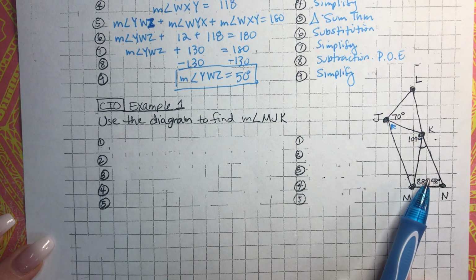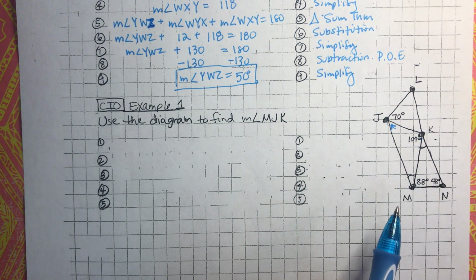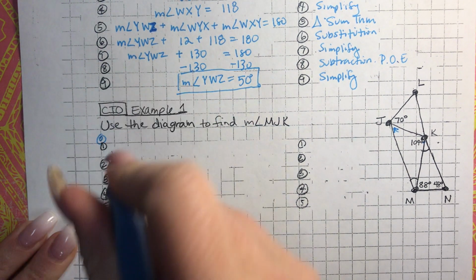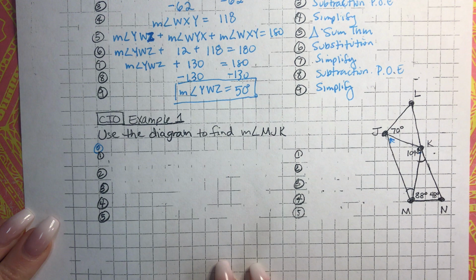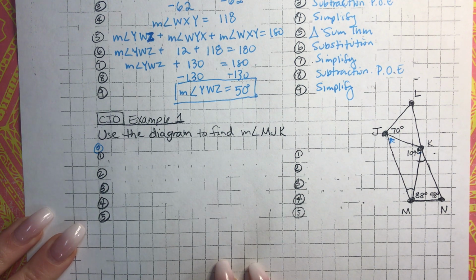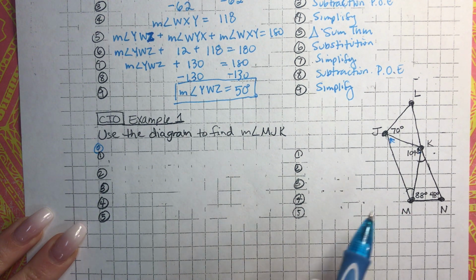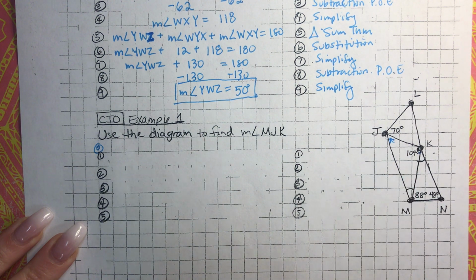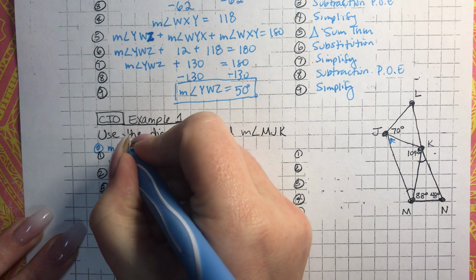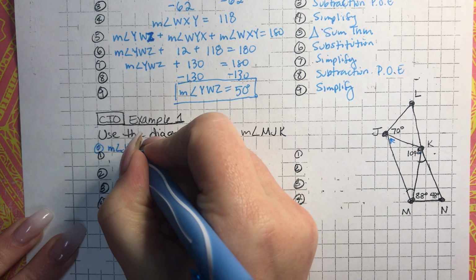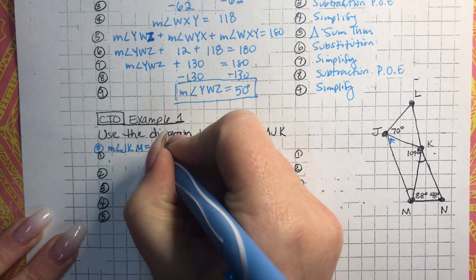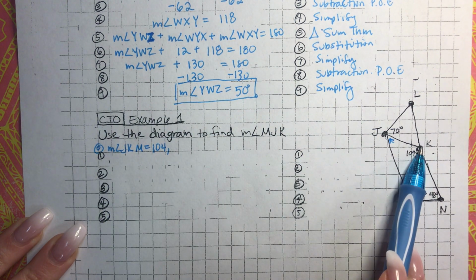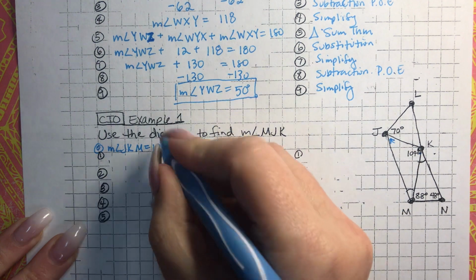I'm going to write down some given information first. There's a lot of given information. Let's start here with JKM, this 104. So the measure of JKM is equal to 104. Then this one right here, KMN.